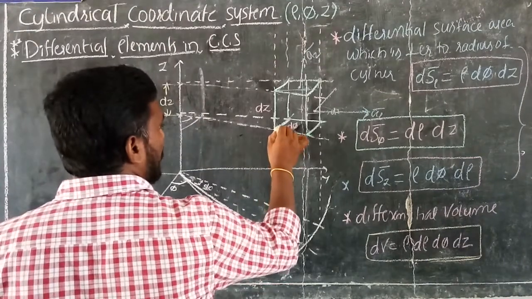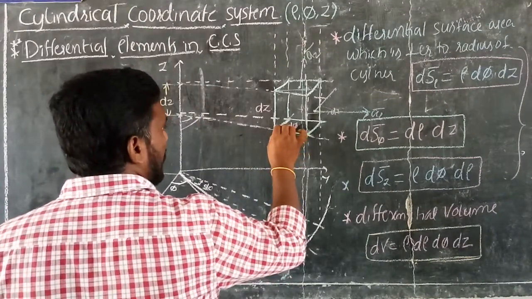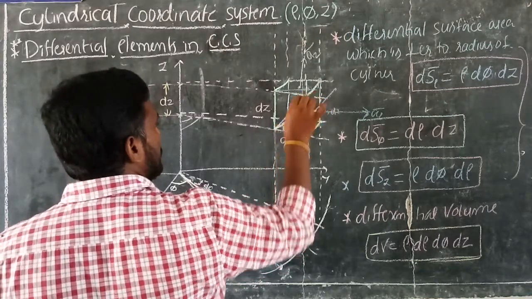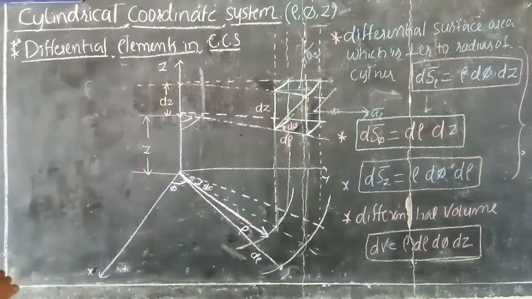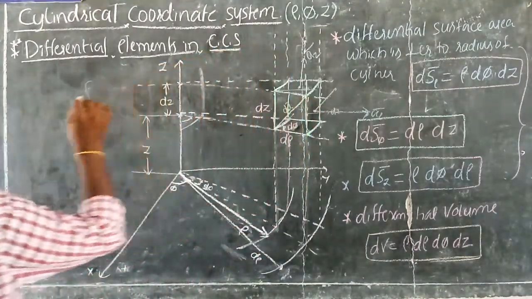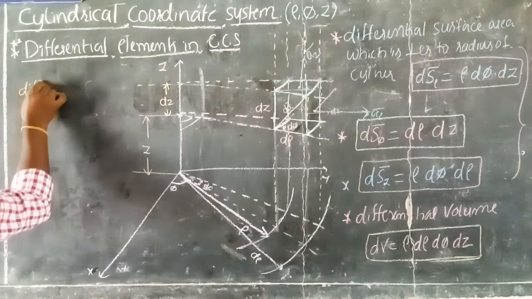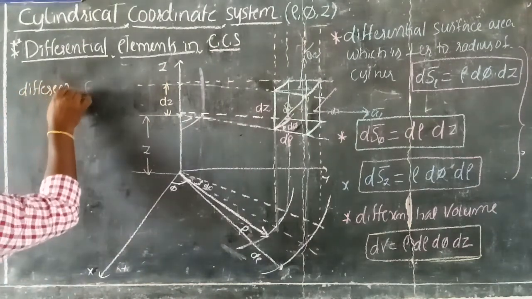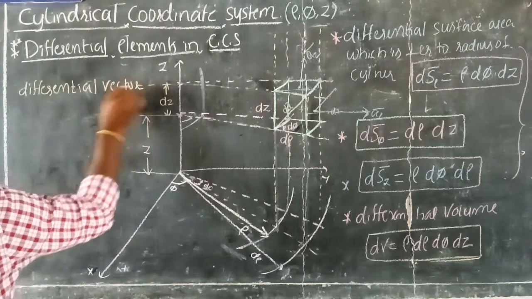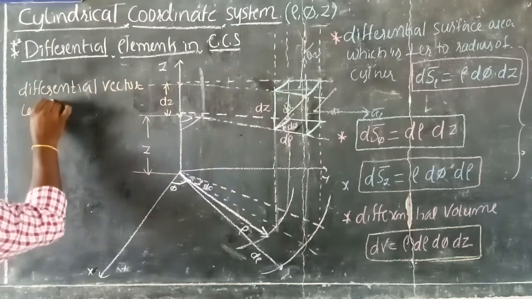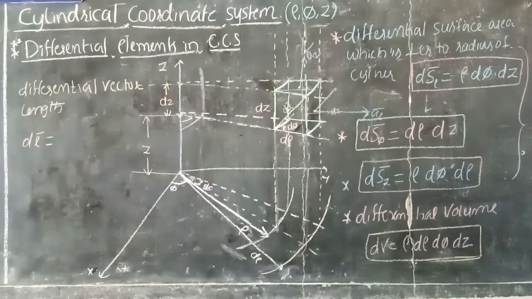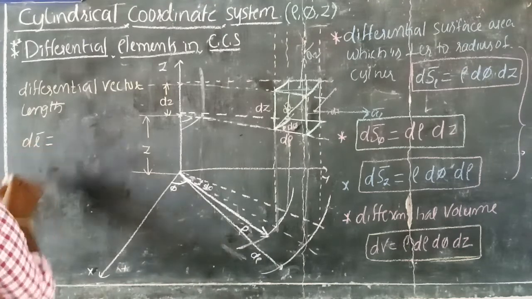So this is the old point, and as the axis increases from their respective lengths, this point is moving from one location to another location. So that a length is going to be formed here, that is differential vector length. So the formula for differential vector length, similarly as in Cartesian coordinate system, differential vector length dl bar is equal to, what are the coordinates?